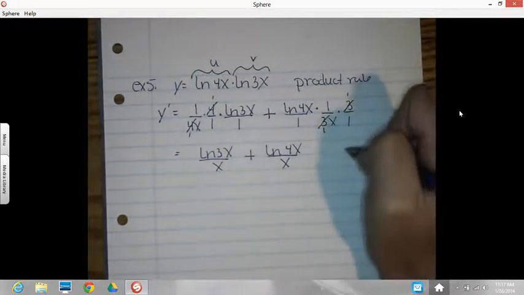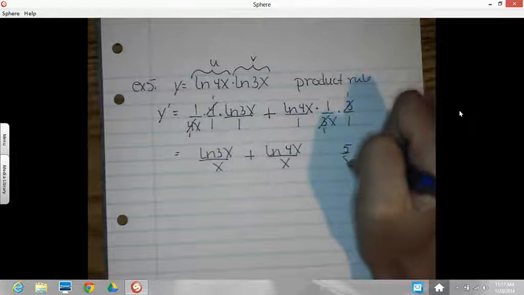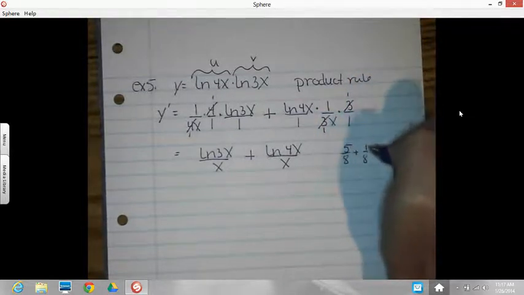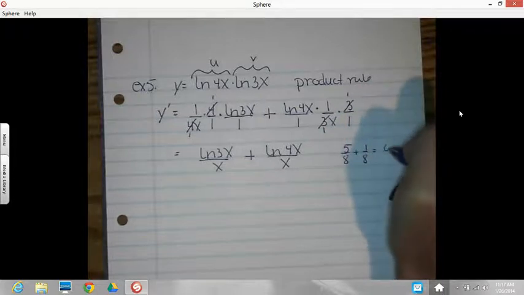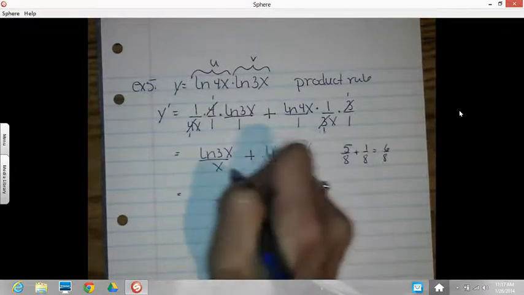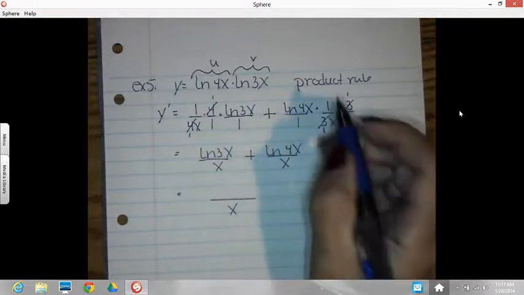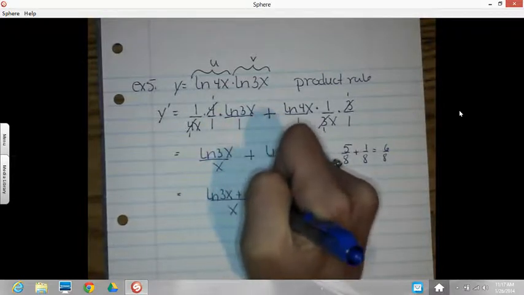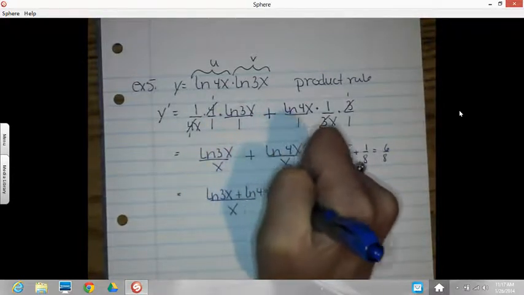Just like if I had 5/8 plus 1/8, we would add numerators and keep that common denominator and get 6/8. So here, I'm going to keep the common denominator of x and add my numerator, so I get natural log of 3x plus natural log of 4x.